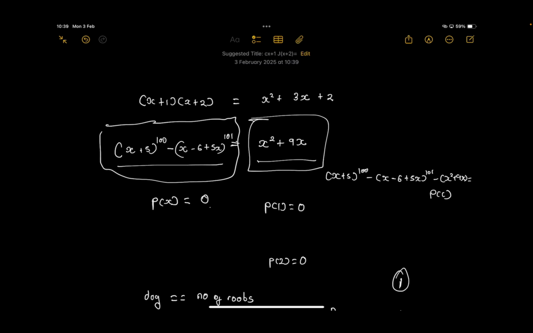Any questions? Yeah, question. The degree of the polynomial does not actually give us the roots of the polynomial. The degree of the polynomial tells you how many roots the polynomial has. The definition of a root is that if you evaluate at that value, it will give 0.